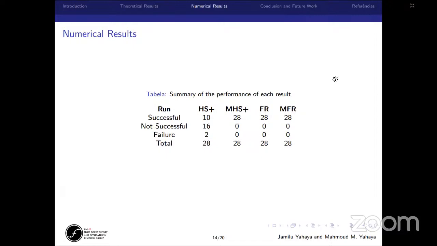So this table, as you can see here, is a summary of the results obtained. For each problem that we considered, when using this implementation of these algorithms, we have to solve it 200 times. It's like initializing this x naught that I stated in the algorithm. This x naught is generated randomly.